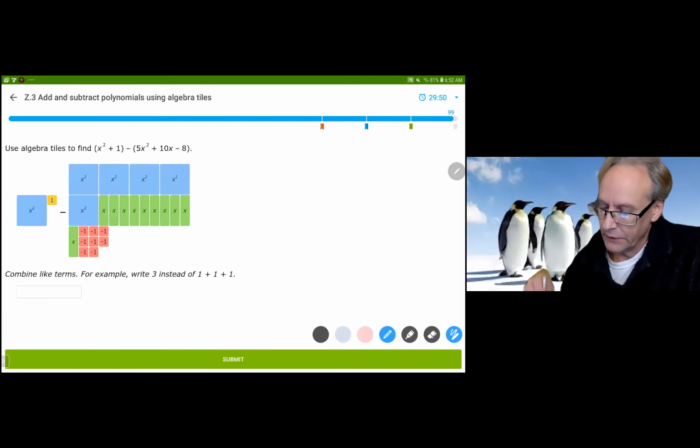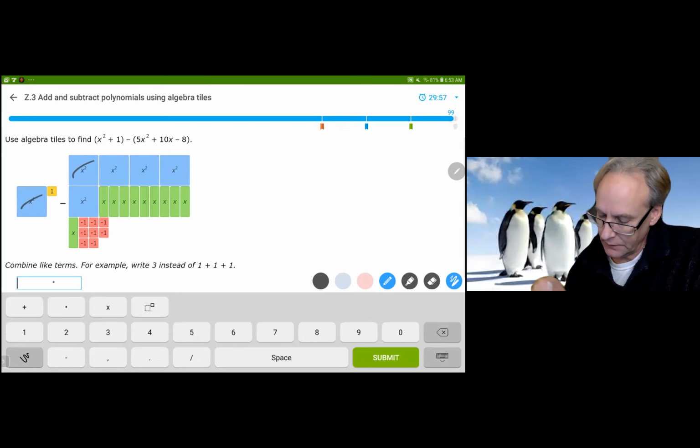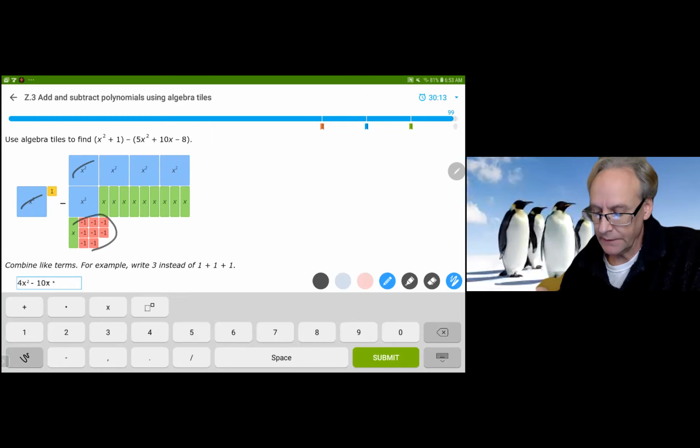All right. We're going to subtract all these x squareds, which gets rid of that one, and we have 4 left, so that's minus 4x squared. And then we're subtracting all these x's, and there are 10 of them there, so it's minus 10x. And we're subtracting all of these 1's, which gives us 9 altogether, because there's negative 8 here, but I'm subtracting them, so that makes positive 8 plus 1 more makes plus 9.